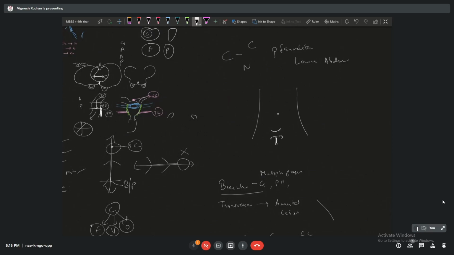Here is where you put your Pfannenstiel incision. This is the newer incision, and you can do a transverse incision also. Or you can do a classical vertical incision in case of cervical malignancy. If you have some kind of problem in this area, then you can go for a classical incision.